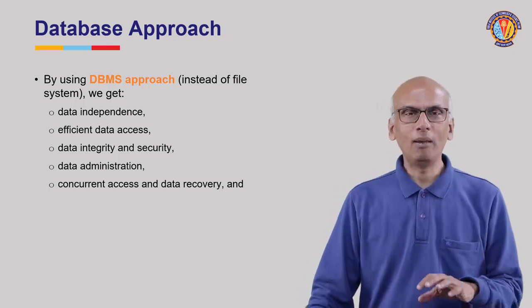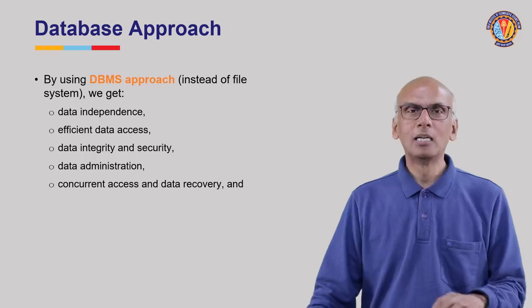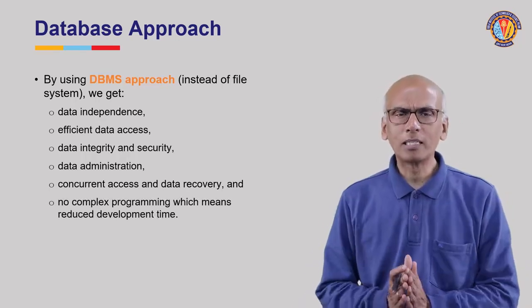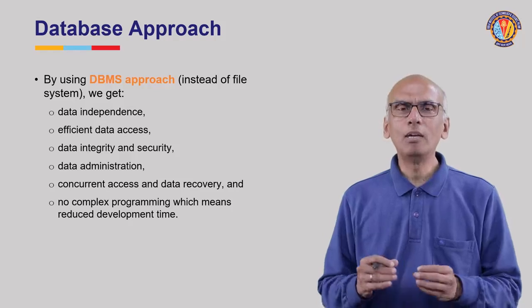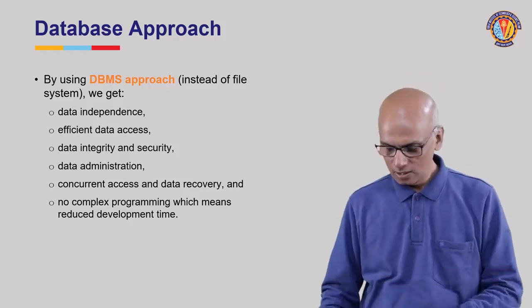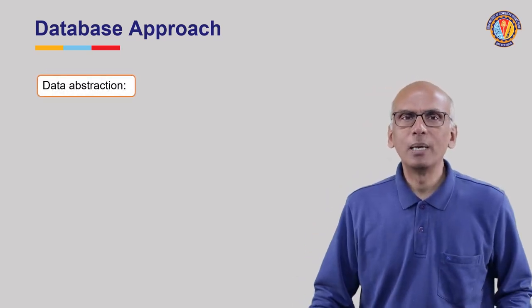At the same time, if there are any accidental events, the data should be recoverable. And all these things should happen while the user or the developer is not burdened with a lot of programming effort. So how does the database help?